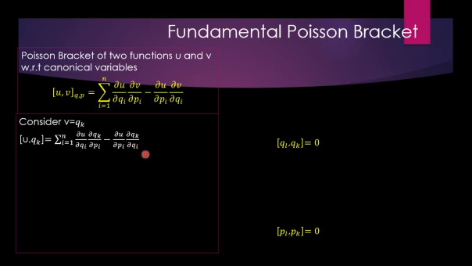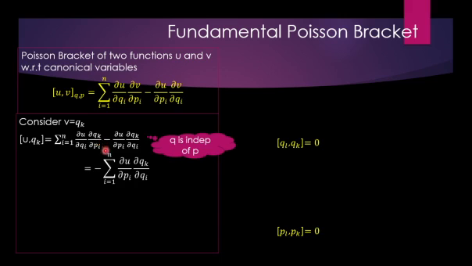What you notice is that there is a differential of q with respect to p as well as a differential of q with respect to q. You know q and p are generalized coordinates, so q will be independent of p, and hence the first term would go to 0. The only term remaining is the second term with a negative sign: negative summation i equal to 1 to n, dou u by dou pi into dou qk by dou qi.